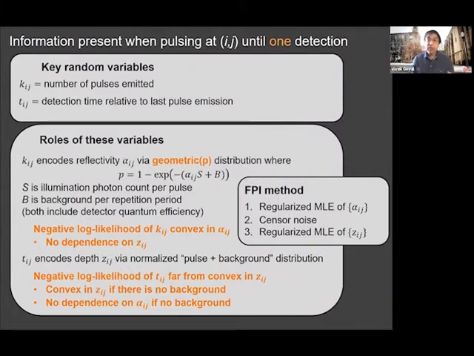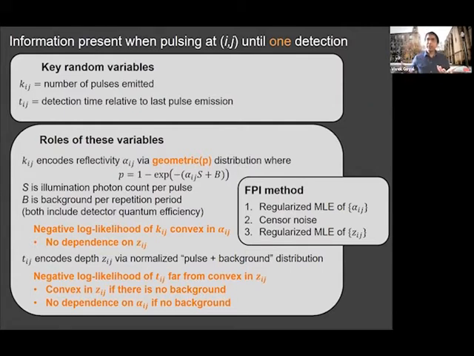First, we compute a regularized maximum likelihood estimate of alpha, exploiting convexity and adding a convex regularizer. Then we'd like to be able to make believe that there's no ambient light. So we have a step where we try to guess which photon detections are due to ambient light and which are due to the back reflected light from the scene, so that we can throw out or censor the detections that we think are due to ambient light.